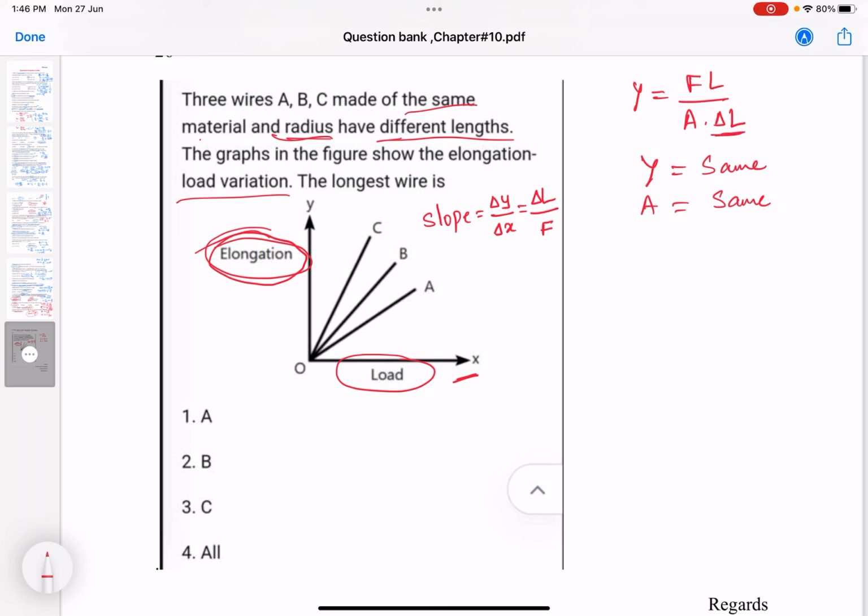So I am rewriting it as delta L is equal to F into L by A into Y. And I need to take delta L by F, because I want to find the slope for this elongation versus load curve. Delta L by F is equal to L divided by A into Y. He has given that Young's modulus is same, area is also same.